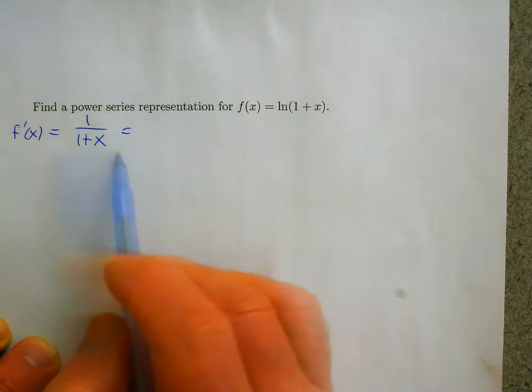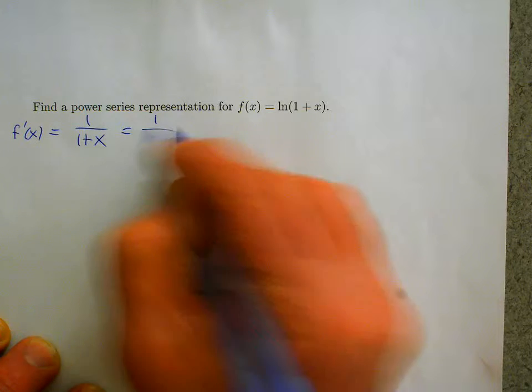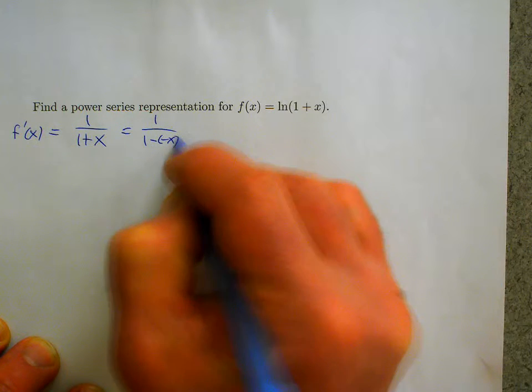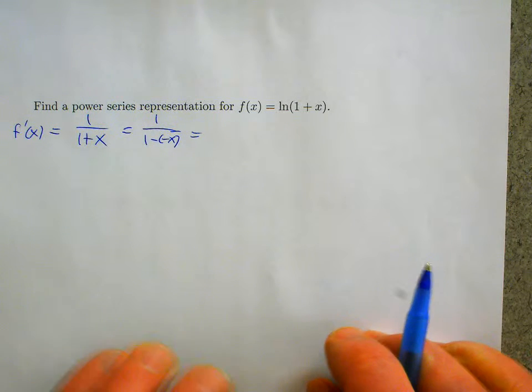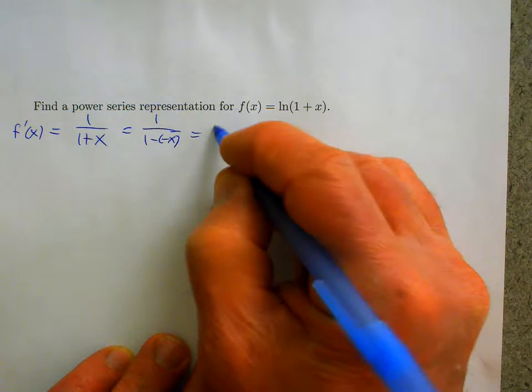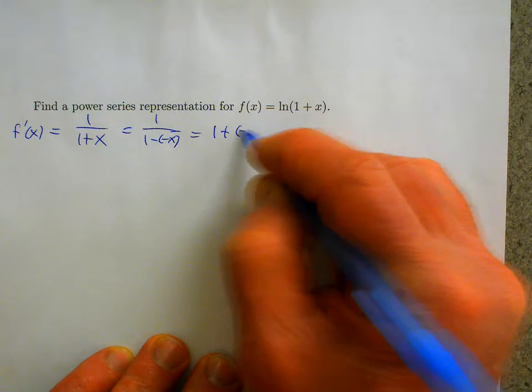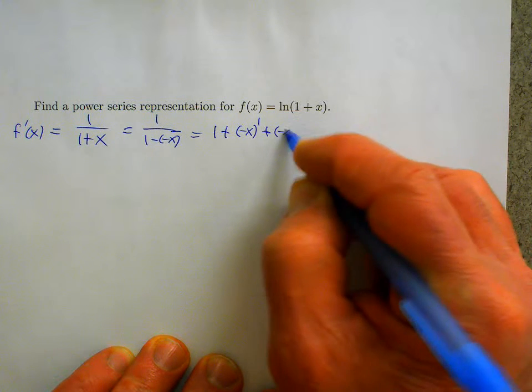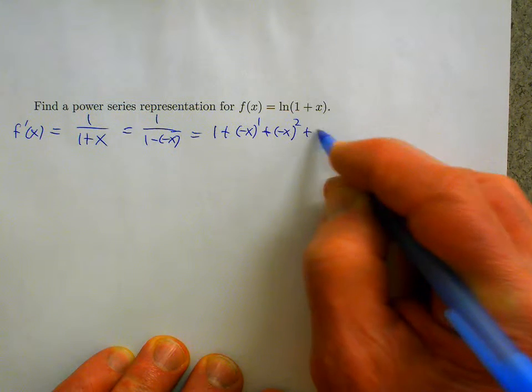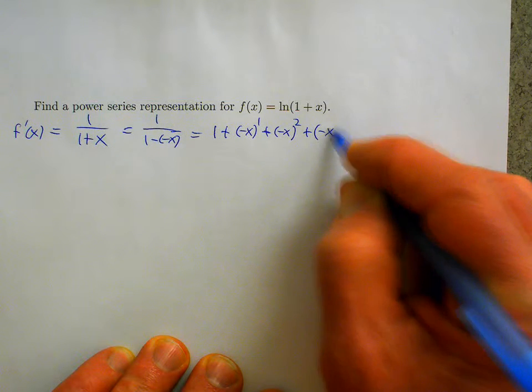So 1 over 1 plus x, think of that as 1 over 1 minus negative x. So we get 1 plus negative x to the first plus negative x to the second, and so on.